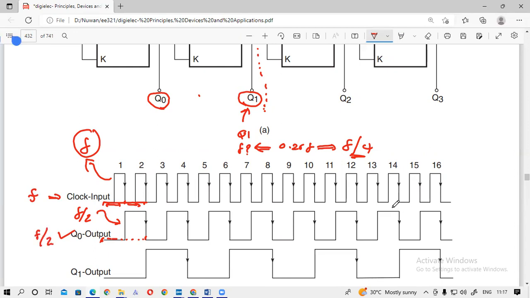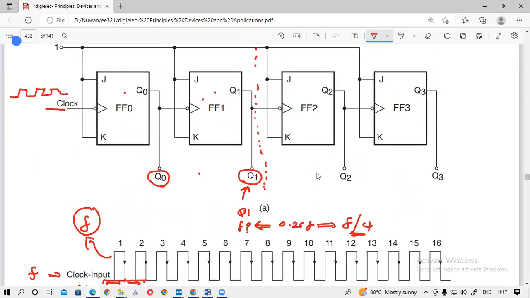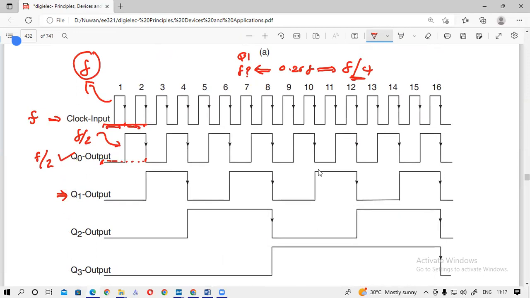And if you consider the waveform at Q1, you can see that from here to here, you have four cycles in the clock input: 1, 2, 3, 4. But from here to here, you have only one cycle at Q1.